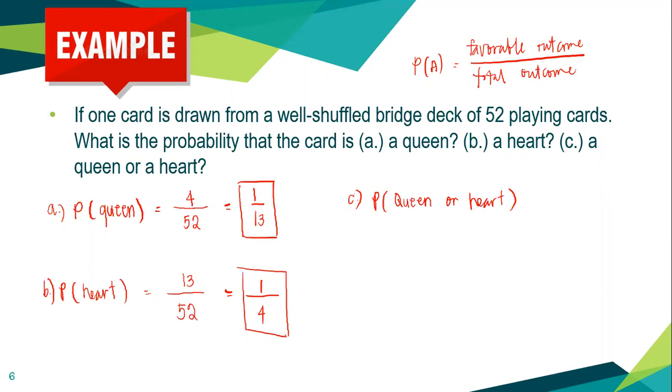Kasi mahalagang malaman natin yon. Kasi di ba magkaiba yung formula. Queen and heart, getting the probability of queen or heart that is, again, mutual or not mutual.